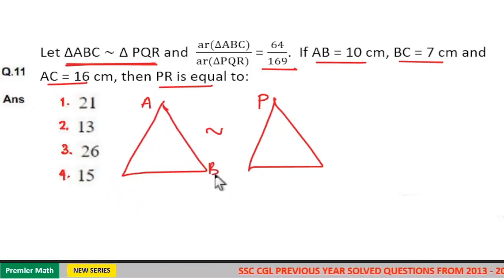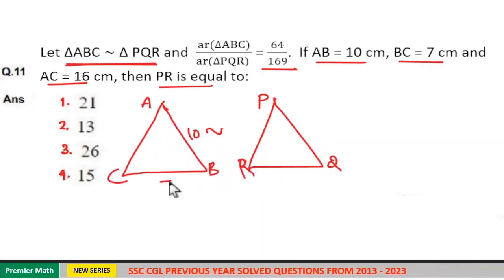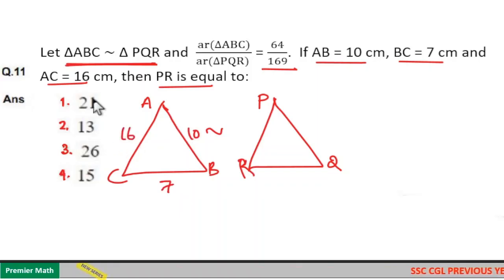So, triangle ABC is similar to triangle PQR. Now, AB is equal to 10 cm, BC 7 cm, AC 16 cm. So, we have to find out what is PR here. Here, the side corresponding to PR in triangle ABC is side AC.